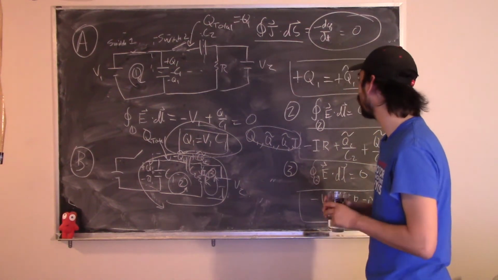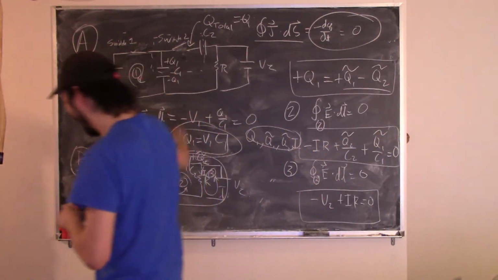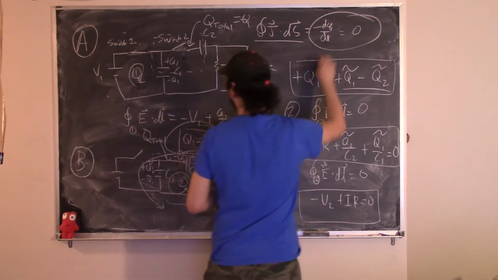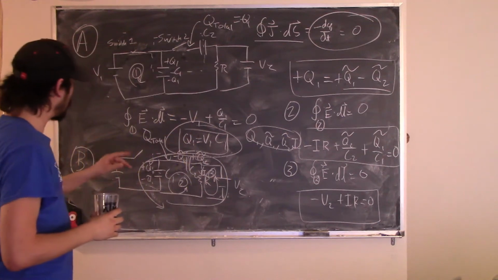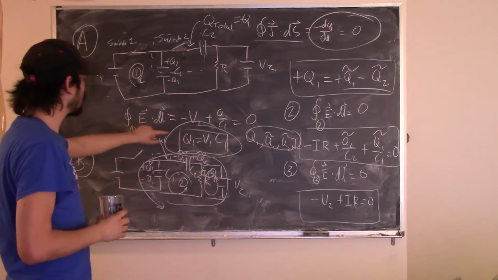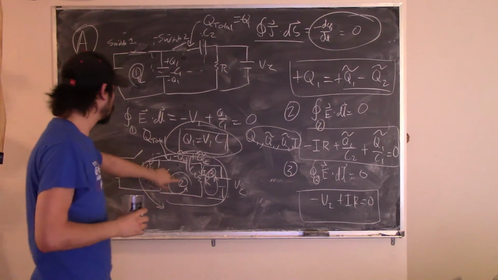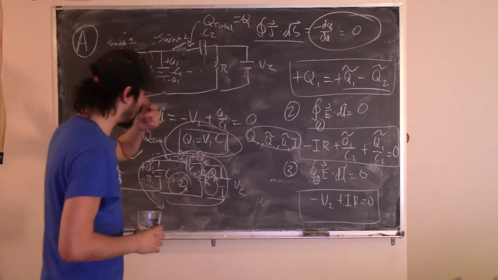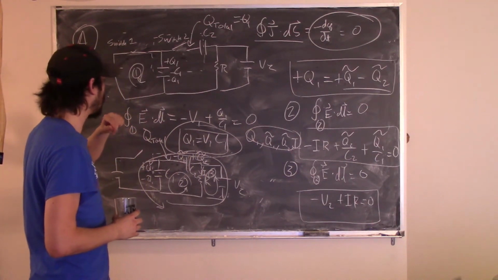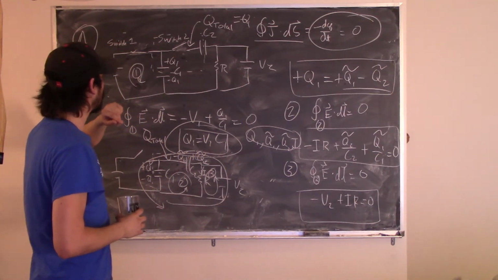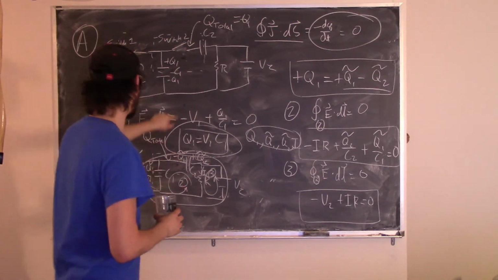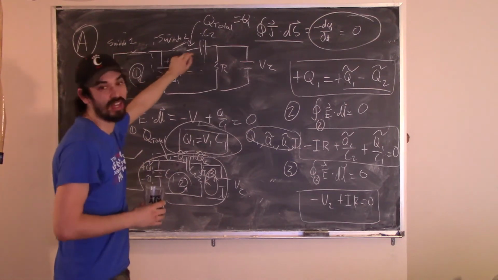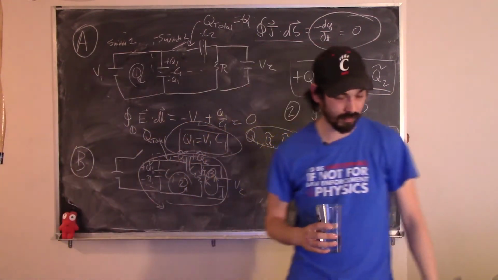Okay, but the point, and I don't even think I would ask something quite like this because I didn't talk about this as much. But the point is that you can define your loops, you can go around your loops, you can obtain your equations from the loops. And the other piece, and why I said that this was a hard question and one that I probably wouldn't ask, is because you need to think about some box that I can define here where the charge inside that box is equal to a constant.